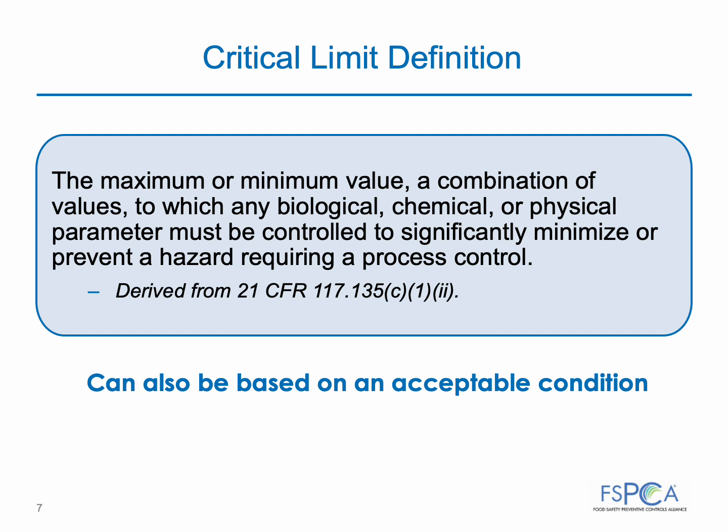The critical limit must be met at the process control step, or CCP, to significantly minimize or prevent the hazard requiring a preventive control. If a critical limit is not met, the process control step is not in control, i.e., a deviation has occurred. When not in control, the potential for producing a product that presents a consumer health risk exists.